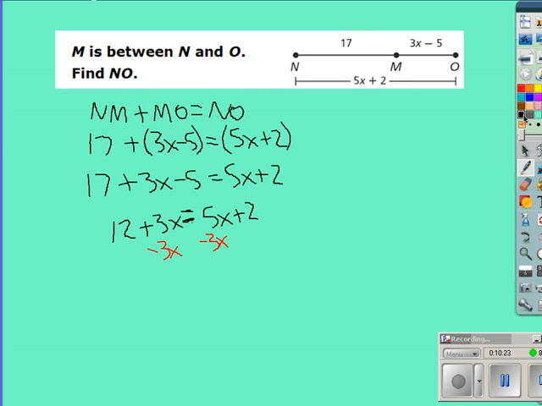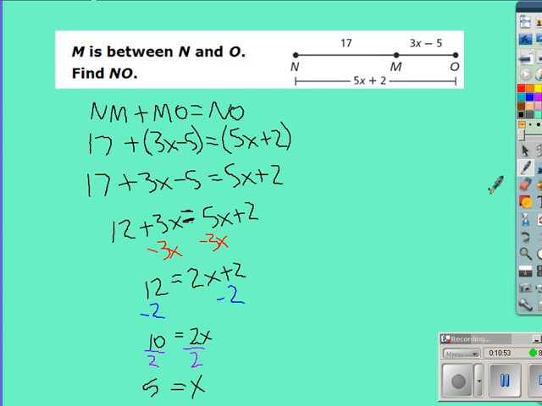I end up with 12 equals 2x plus 2. Got to get my non-x's together. Subtract 2 from both sides. I get that 2x equals 10. And the last step here, I have to divide both sides by 2. I'm left with that x equals 5.